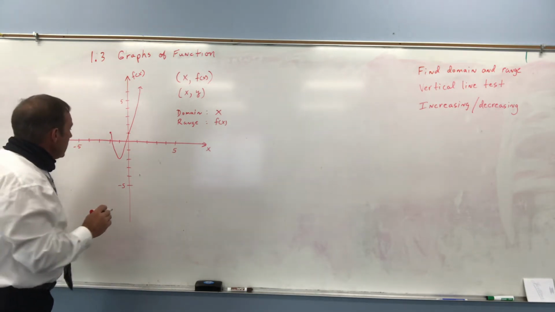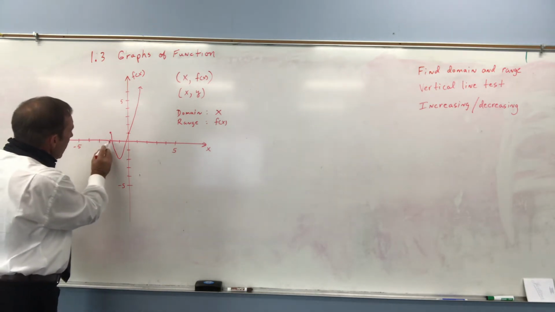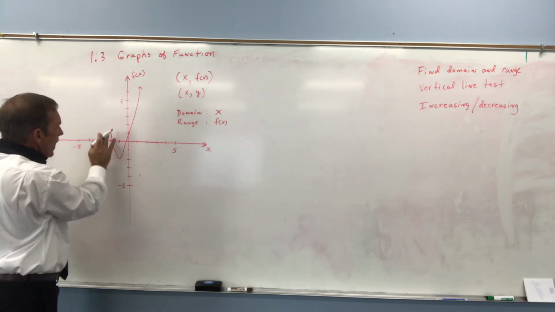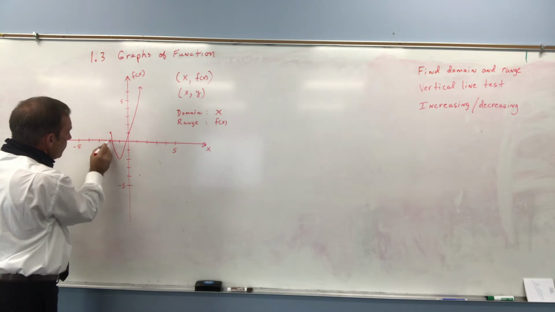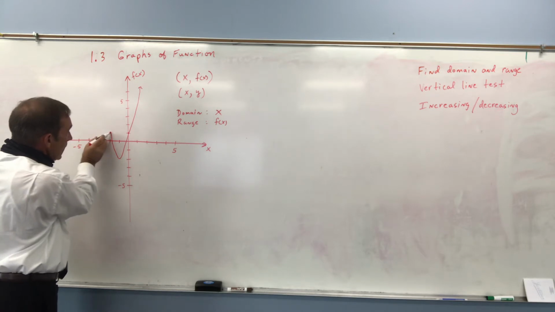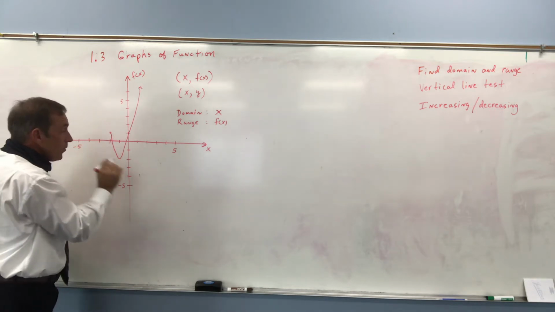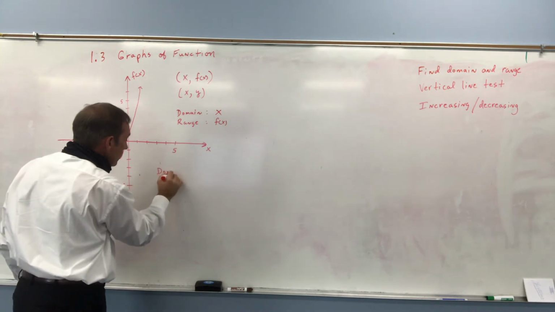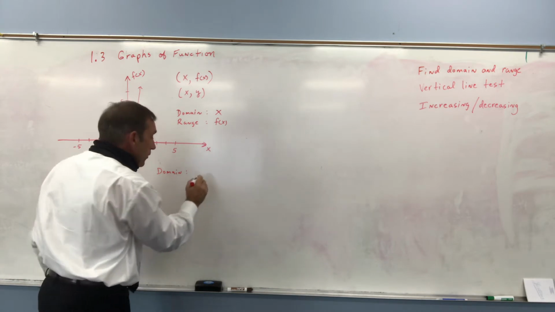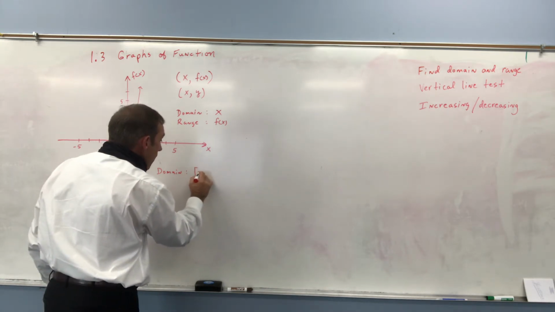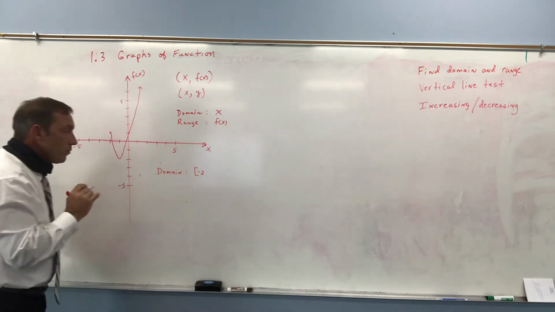And what I see is the x values that are used in this graph start at -2 and include -2. So let me write it like this using interval notation. They go all the way from -2.